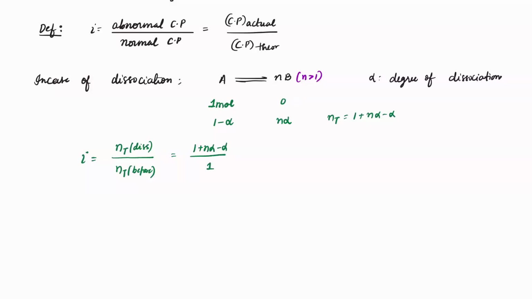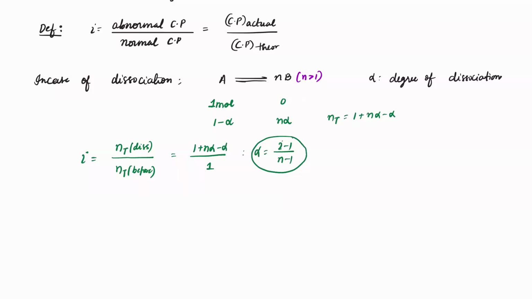So from here, I can say alpha is equal to I minus 1 by n minus 1. This is the way you can calculate the degree of dissociation also, that is, how much degree of dissociation of a particular electrolyte has been observed. We can use colligative property and calculate that.